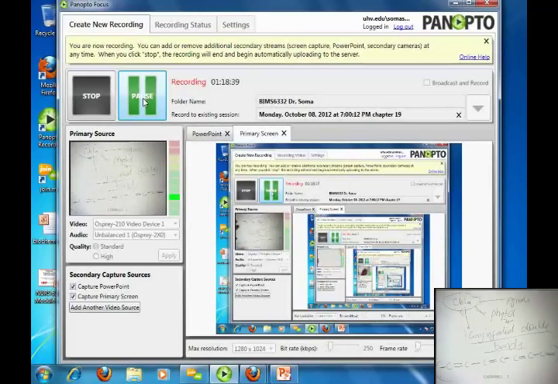This double bond, in chemical nomenclature, we call a conjugated polyene, P-O-L-Y-E-N-E. E-N-E means double bond in chemistry. Conjugated polyene.